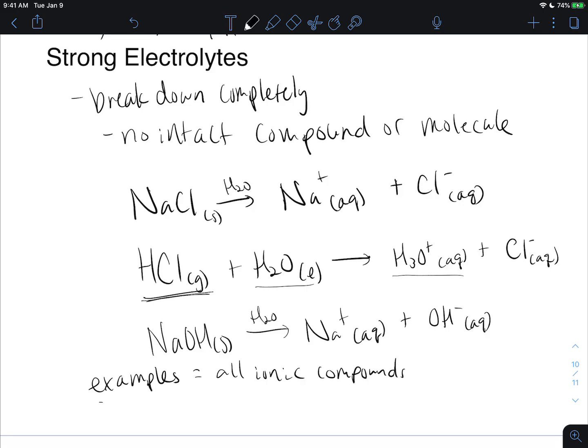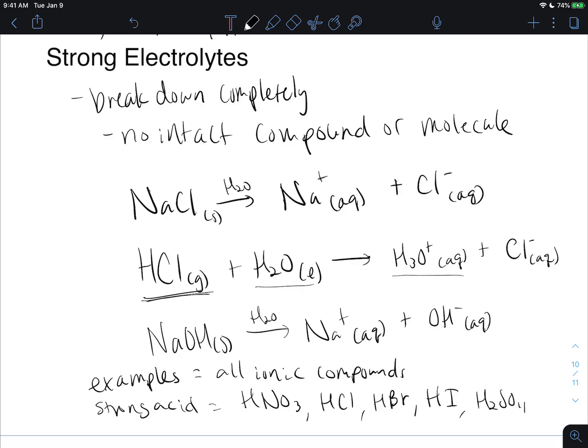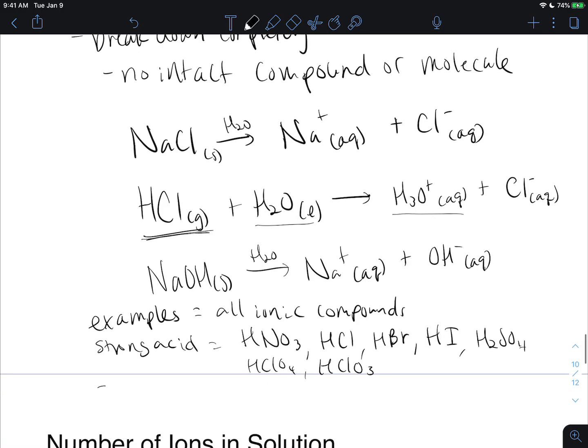And then some of our strong acids: HNO3, HCl, HBr, HI, H2SO4, HClO4, HClO3. Some are strong bases. These are going to be group 1 and group 2 hydroxides.